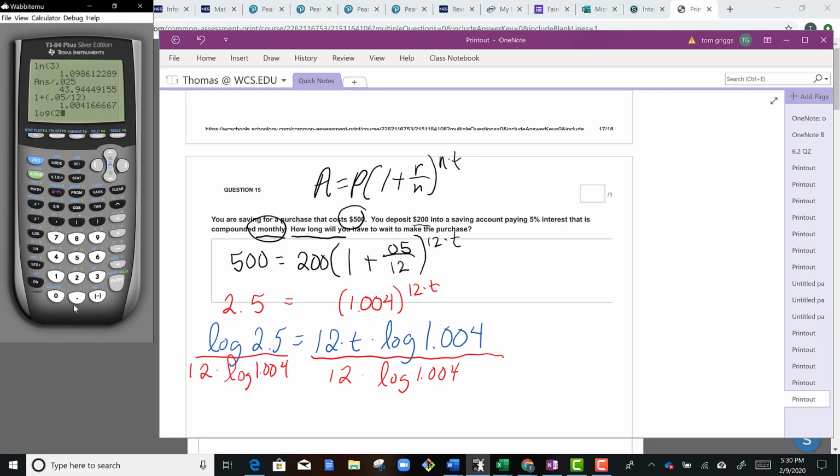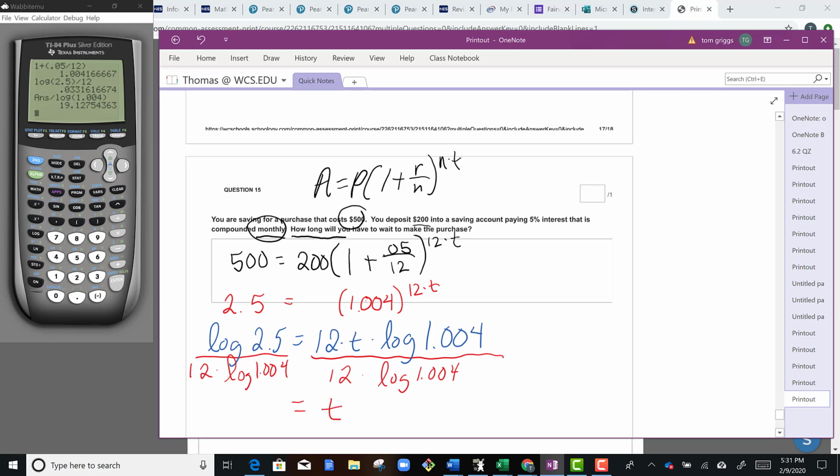So log 2.5 divided by, I'm going to divide it twice. So I'm going to divide it by 12 and then immediately divide it again by log. And the reason I'm doing that is because I didn't put parentheses around the denominator. So better safe than sorry. I'm guessing the directions are round to the nearest tenth.